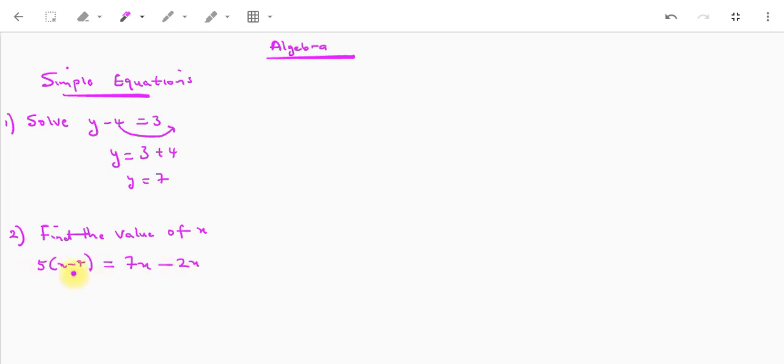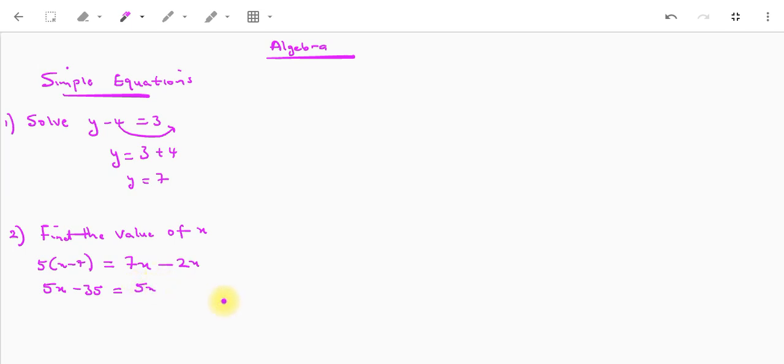So we're going to open the bracket. That will be 5x, which means 5 times x, and then 5 times 7, which gives minus 35, equals 7x minus 2x, which technically gives us 5x.